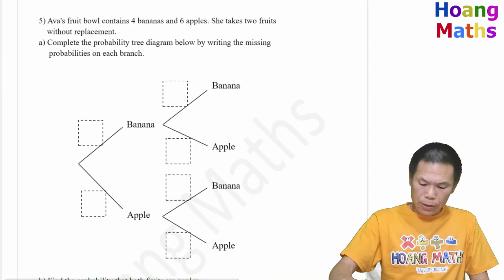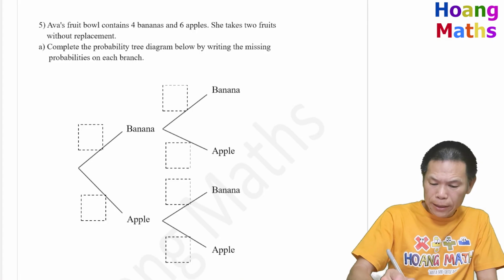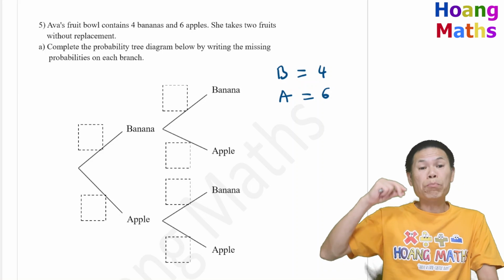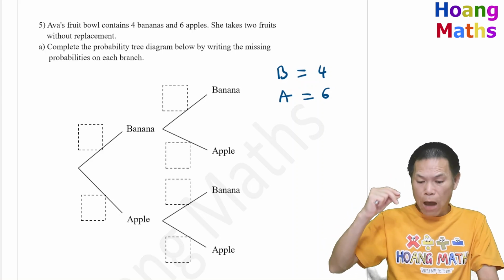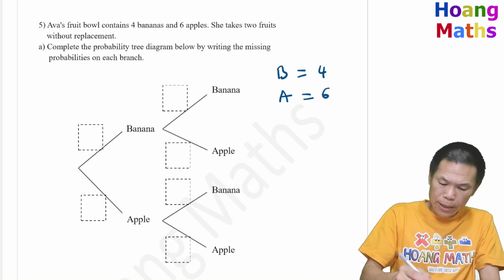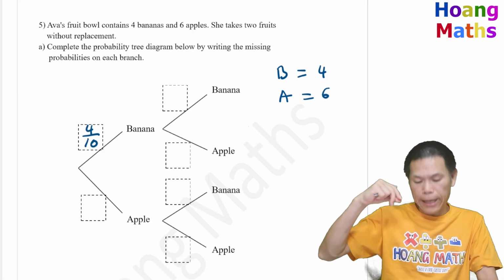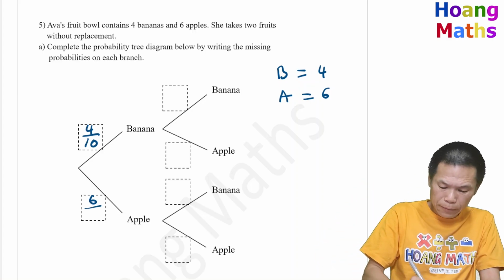We know that there are 4 bananas, so B is 4, and apples is 6. So the probability of getting a banana would be 4 out of 10, and the probability of getting an apple is 6 out of 10.